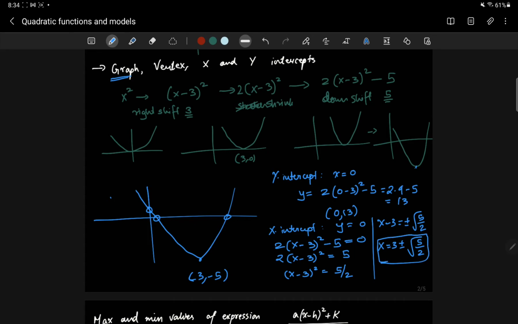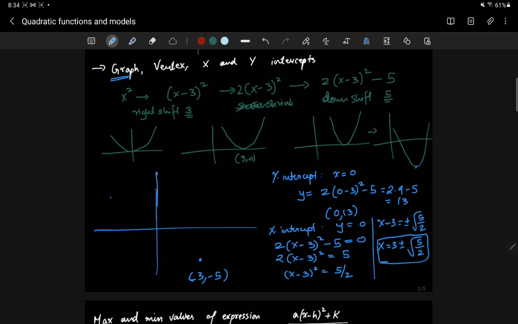Now over here, after you do these, you may have to change the graph a little bit, right? Because the vertex is over there, and the y-intercept is positive and big, so it's somewhere here, 0, 13. Now if you look at the x-intercept, 5 over 2 is 2.5, and the square root of that is surely less than 3.